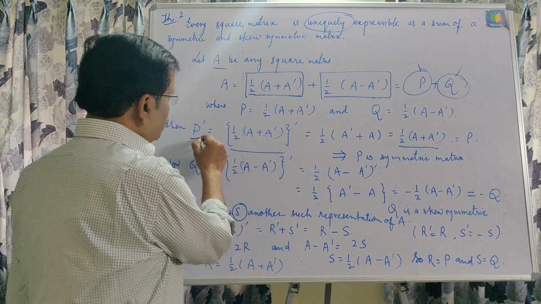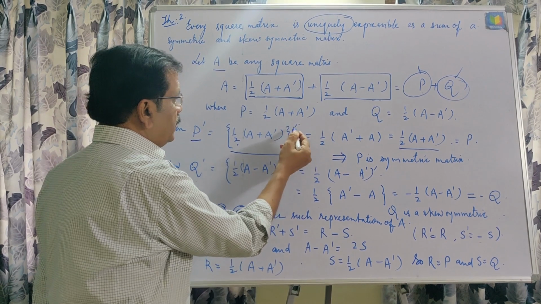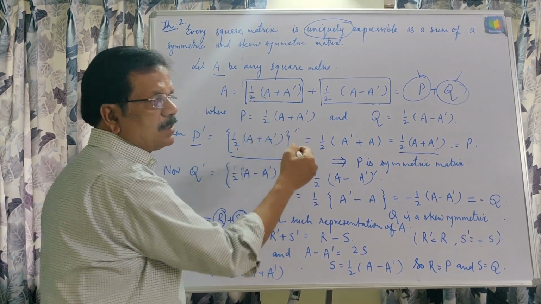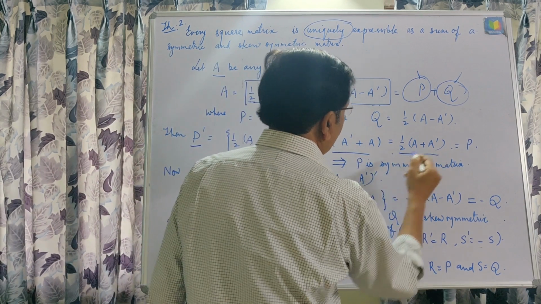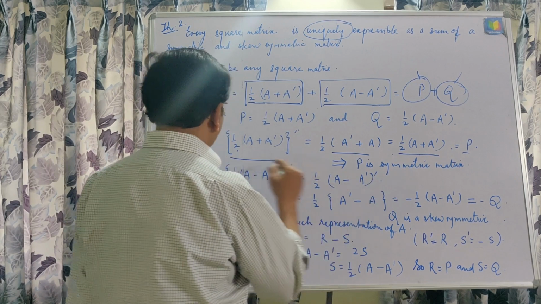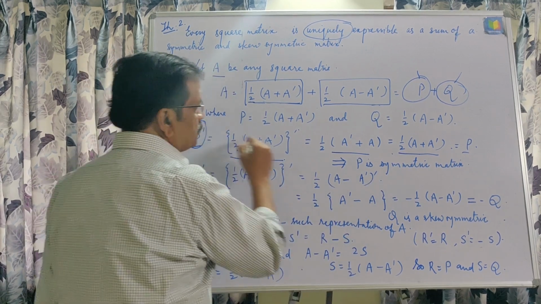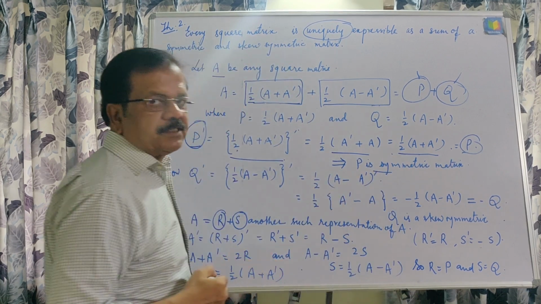Now see here, half of A plus A transpose, whole transpose, is A transpose plus the transpose of A transpose, which is A, and this is half of A plus A transpose, that is P. This way we can see that P transpose is equal to P, so P is a symmetric matrix.